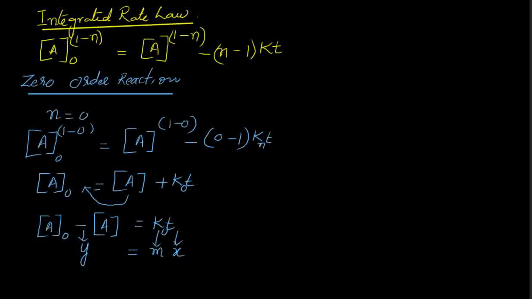So the graph: on the x-axis, the time t. On the y-axis, A naught minus A, the initial concentration minus the concentration after time t seconds.